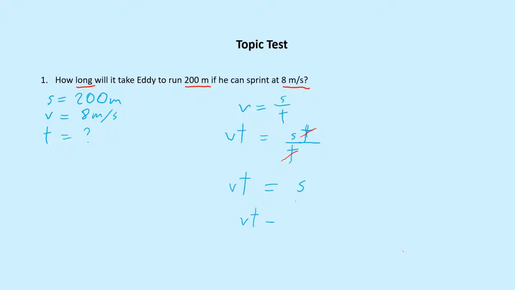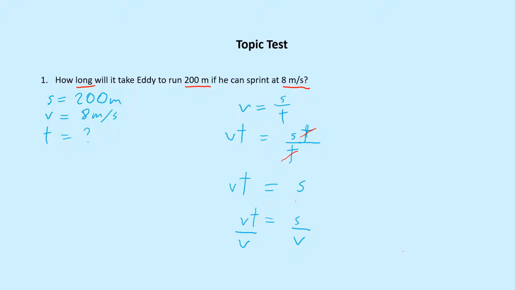So now we've got Vt equals S. We've got the t on the left-hand side, but we want it by itself. So what we're going to do is divide both sides by the letter V. And we see now that we've got V over V on the left-hand side. And with that, we can cancel out again, because V divided by V is equal to 1.